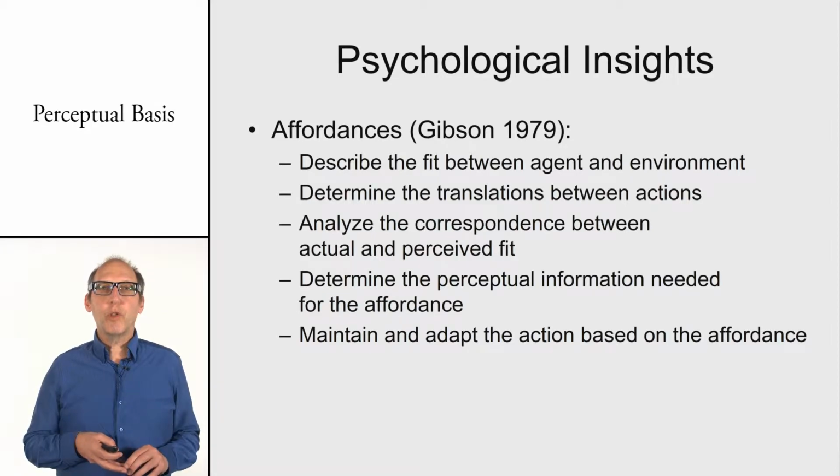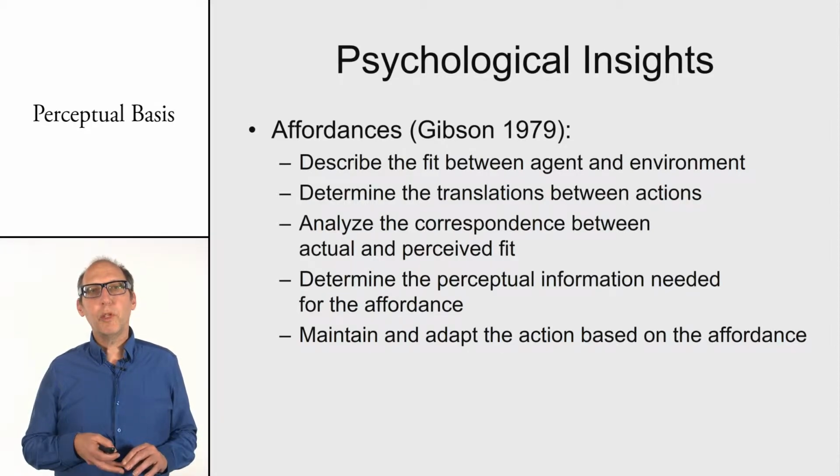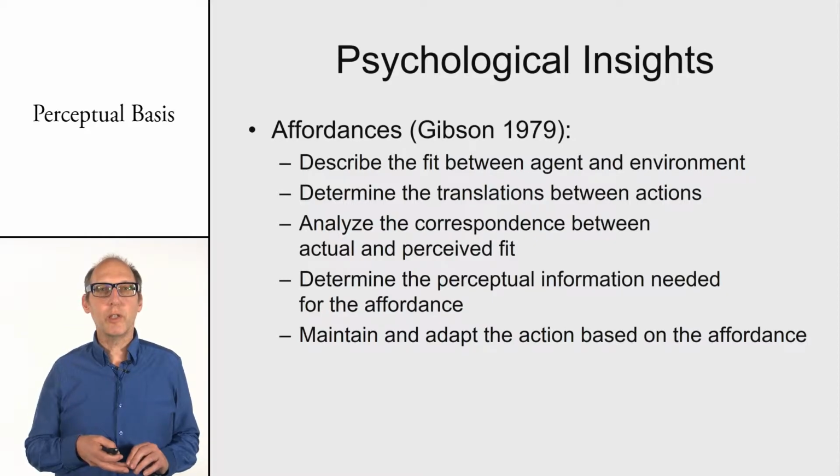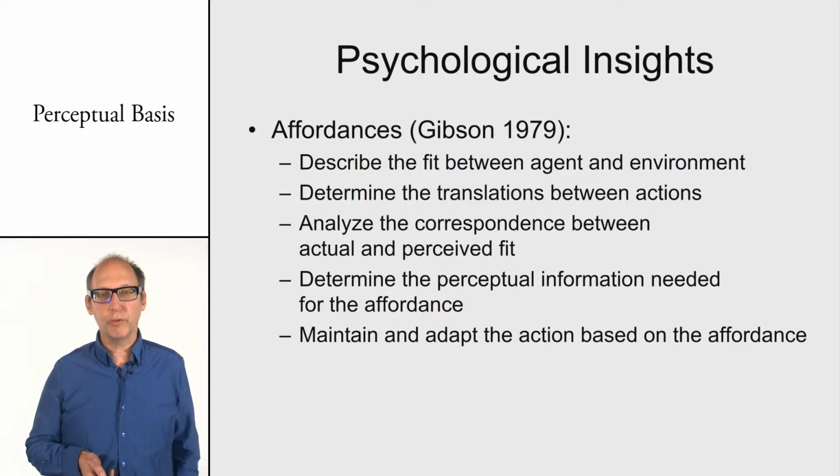So if you have a certain environment and a certain action, that means you can determine what sort of perceptual information is needed with the affordance. And while the action is active, you have to maintain and adapt the action based on that affordance that you can perceive.